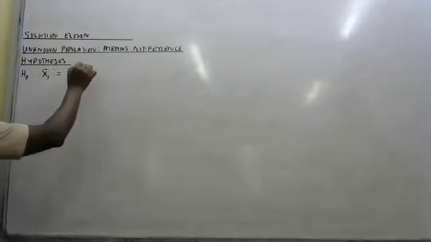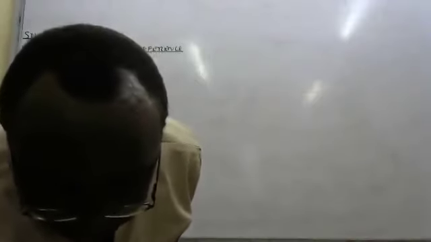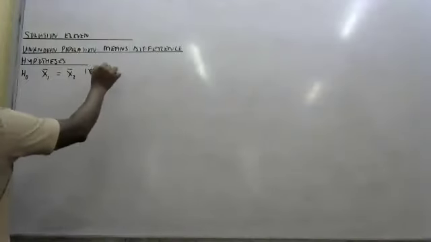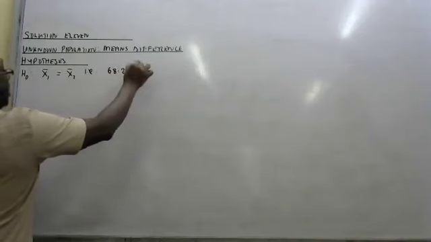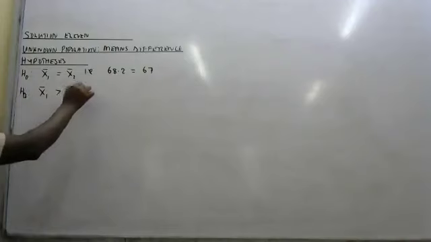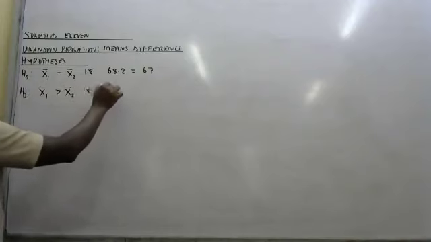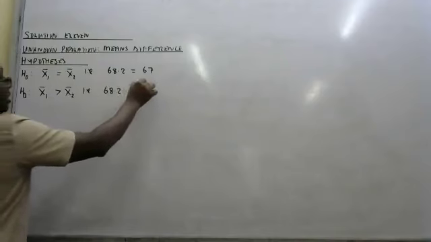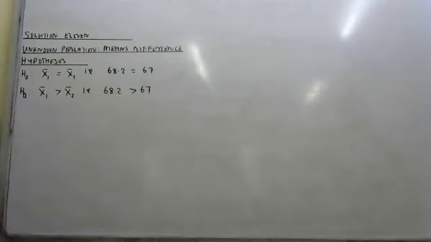That is, the first sample was found to have a mean of 68.2, and the other one 67. 68.2 is the same as 67. Then in the alternative, x bar 1 will be greater than x bar 2. That is 68.2 is greater than 67.